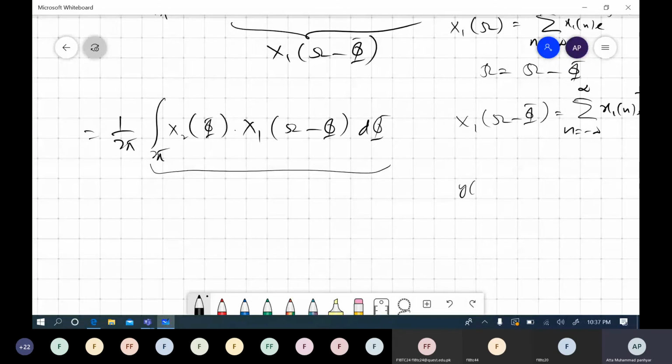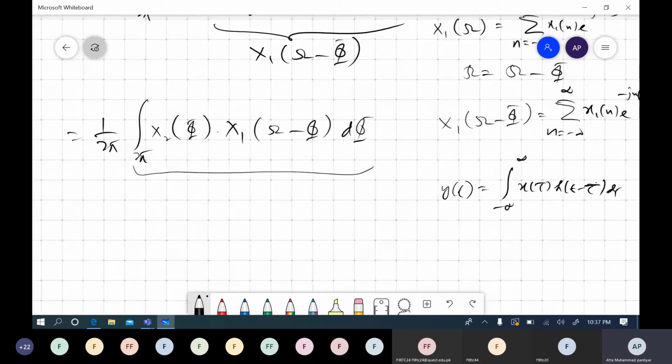If you remember, y of t is equal to integral from minus infinity to infinity, but now because this integral is periodic with 2 pi, the limits are 2 pi. Y of t used to be x of tau h of t minus tau d tau, right? So if you can see, this same integral is available here.